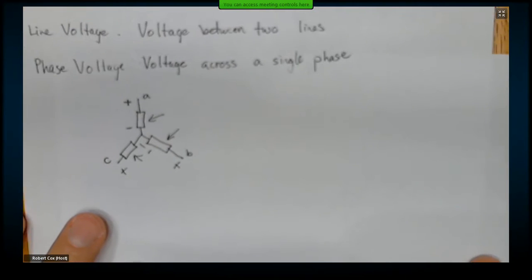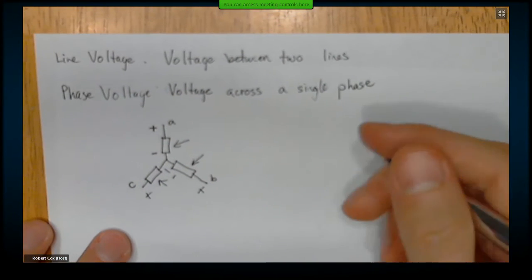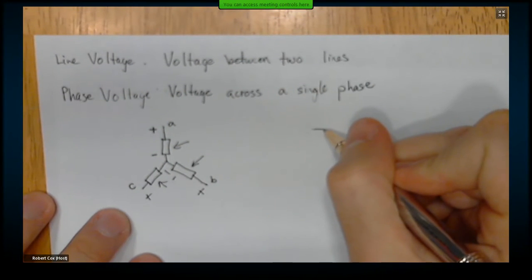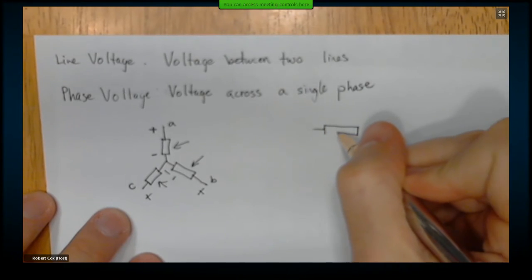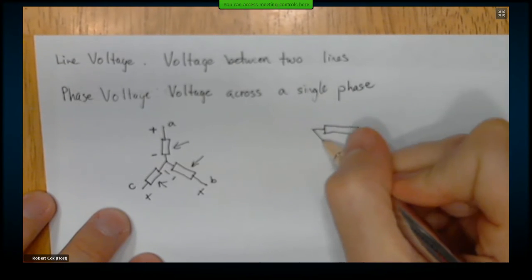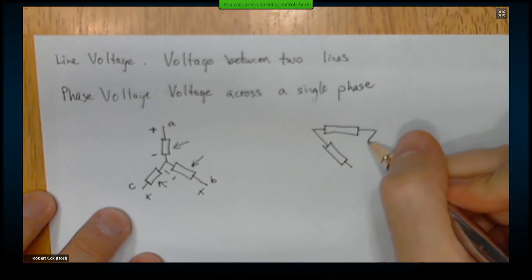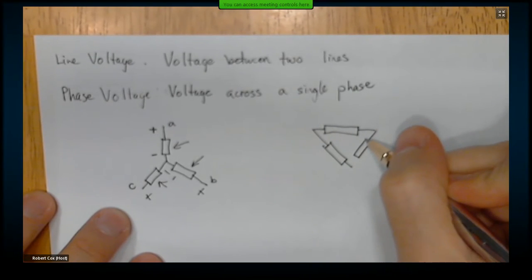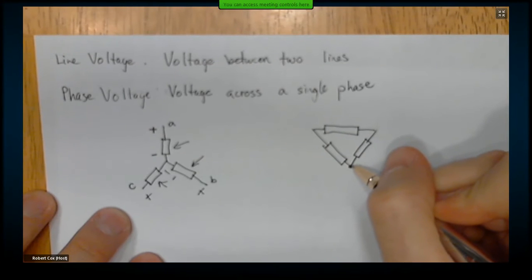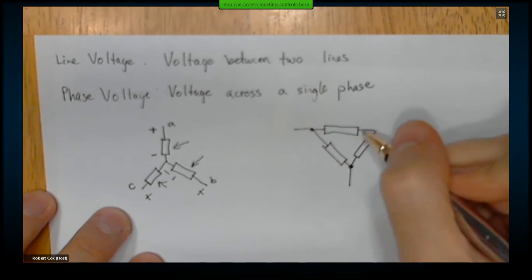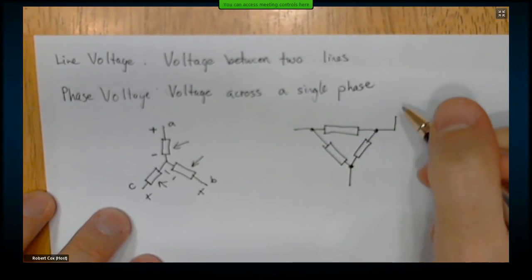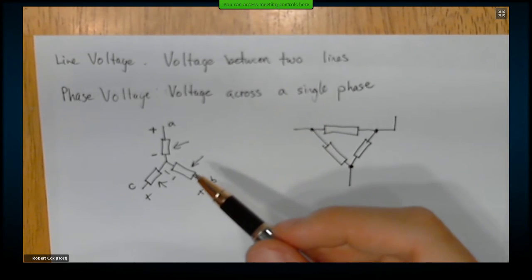Now, where does this get confusing? If I look at a delta connection of loads, for instance, a load could be a three-phase motor.